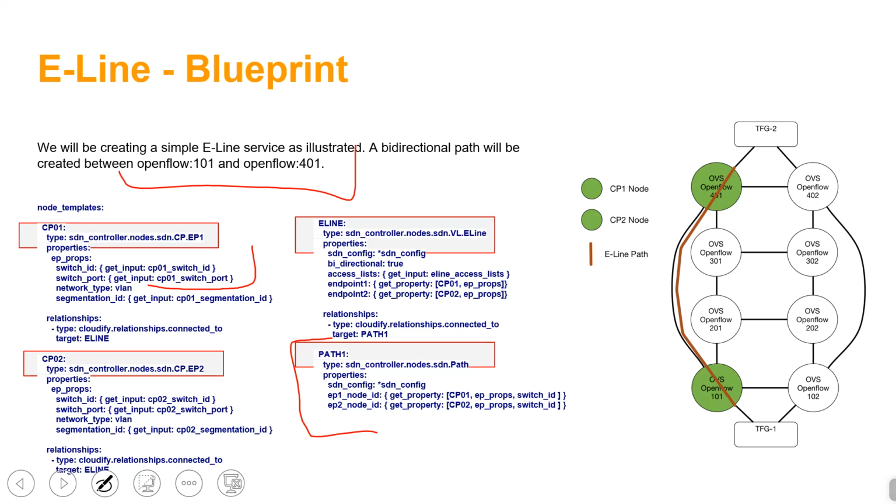The Flow Manager will return the path back to Cloudify, and then that path will be attached to the E9 service. That's what it does in terms of workflow management. So the path is already created by the controller; it's just sharing the information with Cloudify. Yeah.